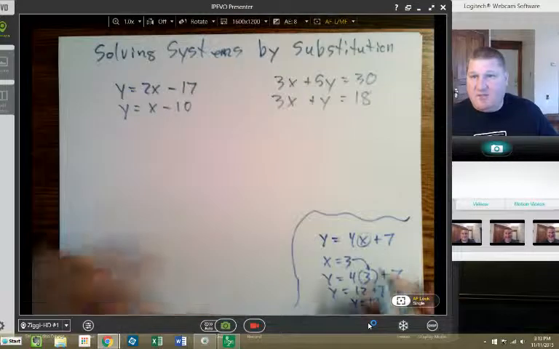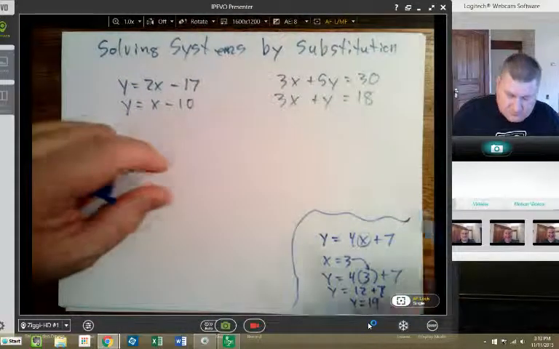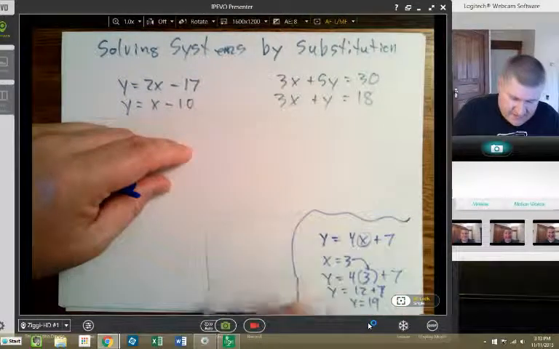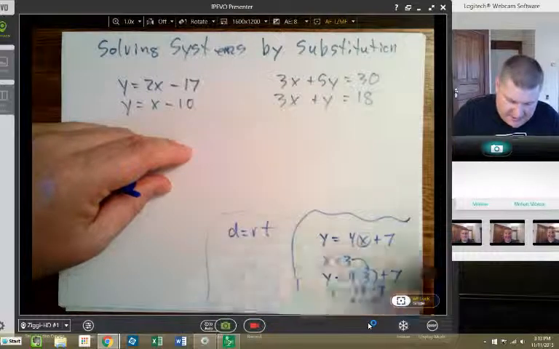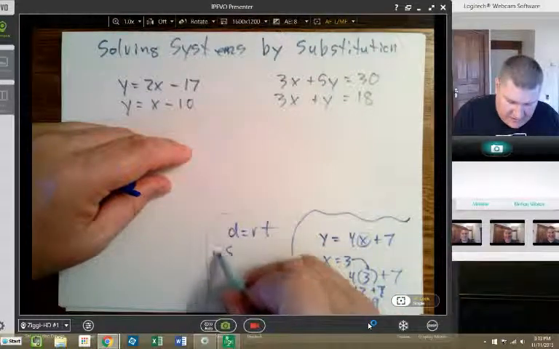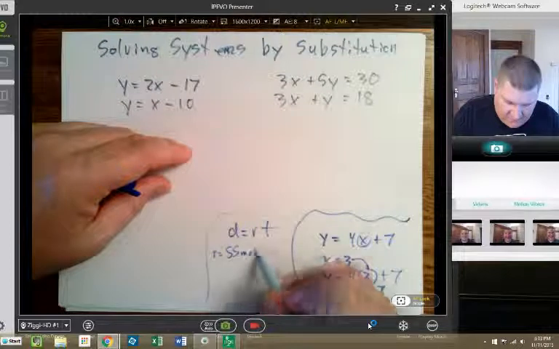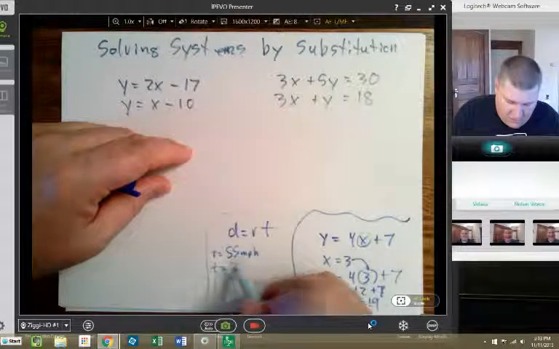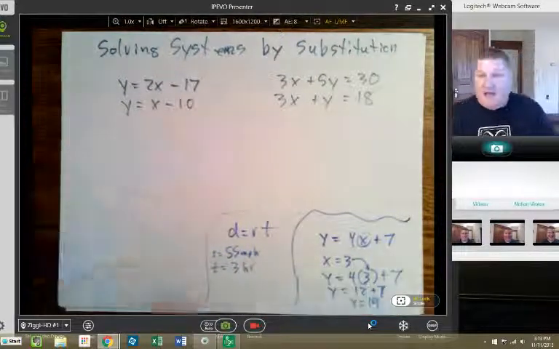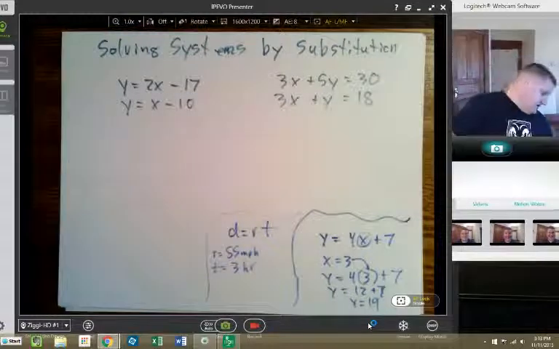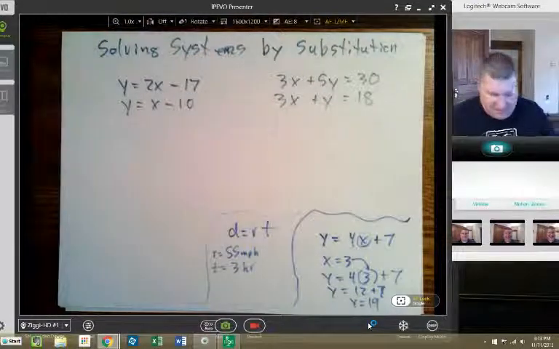We even have done more difficult things by saying distance equals rate times time. If I'm going 55 miles per hour for 3 hours, I can find the distance by simply plugging it into the equation.